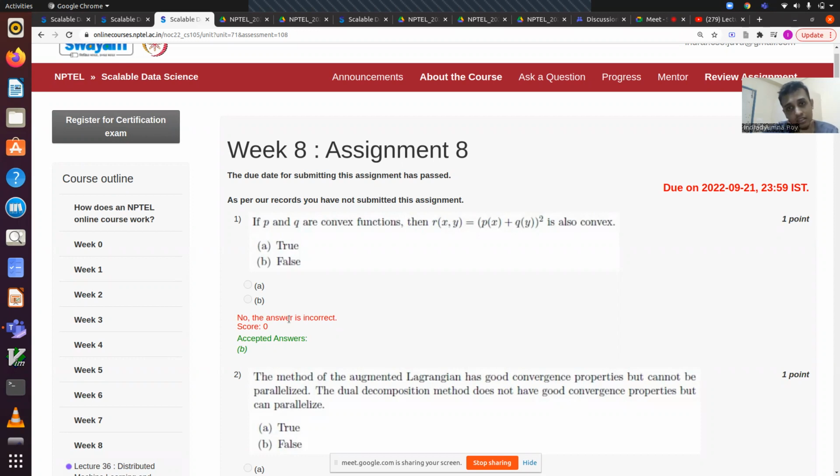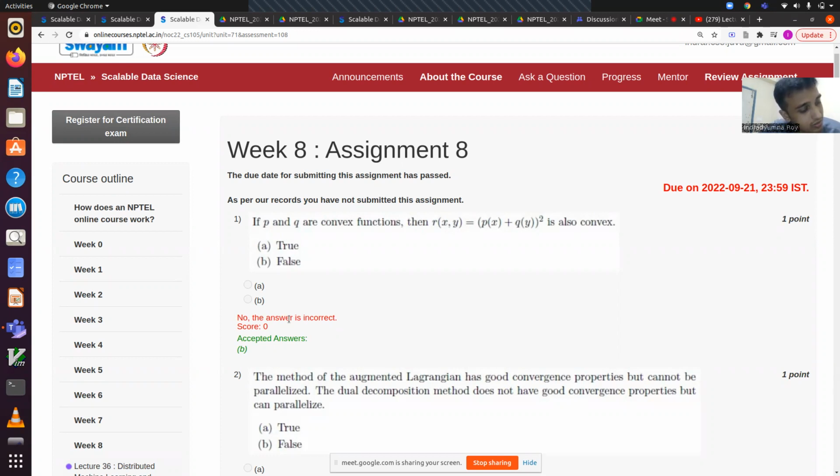Okay, I think I see the trick. The sum of two convex functions is convex, that is true. But the square of a convex function will be convex only when it is greater than 0, only when it is positive.